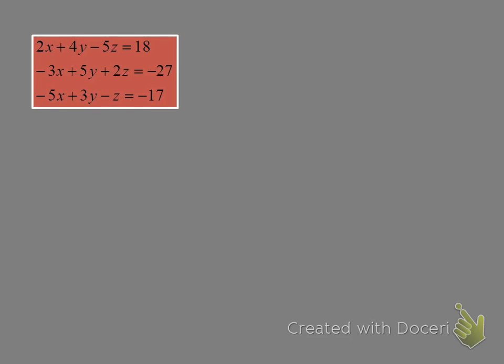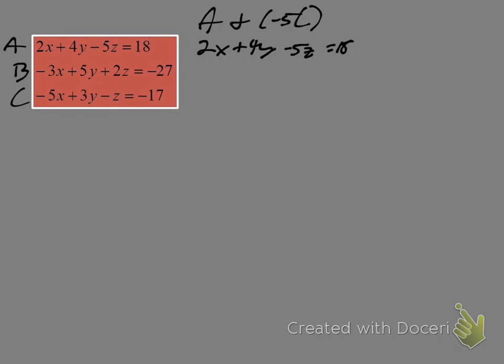All right, let's finish this up. Let's go A, B, C. Let's go A and negative 5 C. So A is 2x plus 4y minus 5z equals 18, times negative 5 here, so 25x minus 15y plus 5z equals what, 85, is that right?